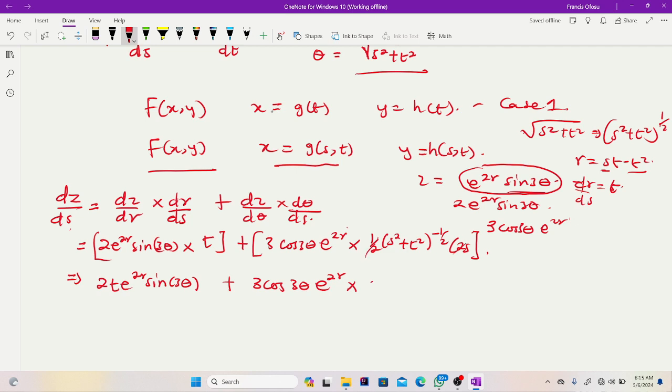I'll simply have s over the square root of s squared plus t squared, because this is negative half, right? Yes, so that's how we got it.